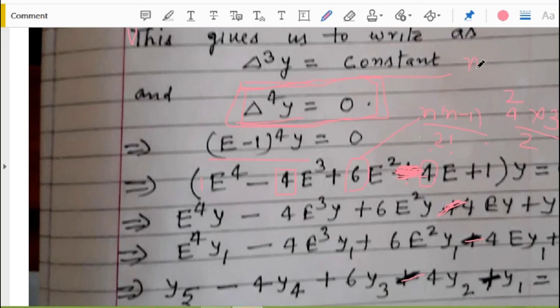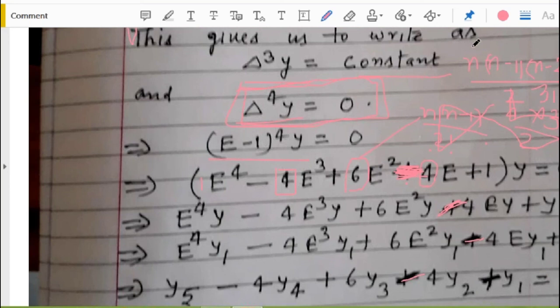For this, the formula is n, n minus 1, n minus 2 in brackets, and factorial 3.